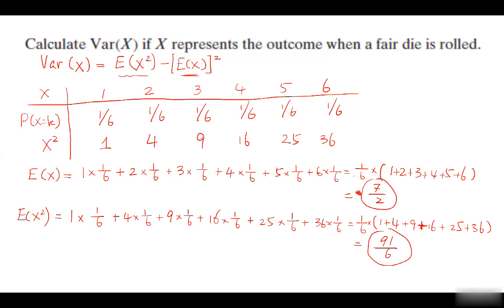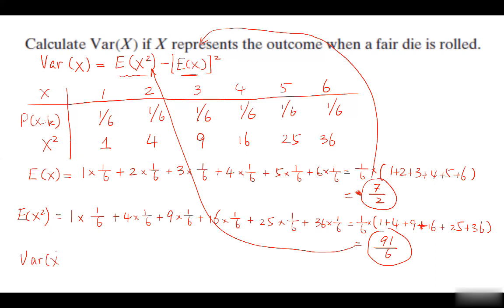Okay, so here we have the values of EX and EX squared, right? Let's put these two values in this formula here. So VARX is first the expected value of x squared, which is 91/6, right? The second term is EX, which is 7/2, and then squared, right?